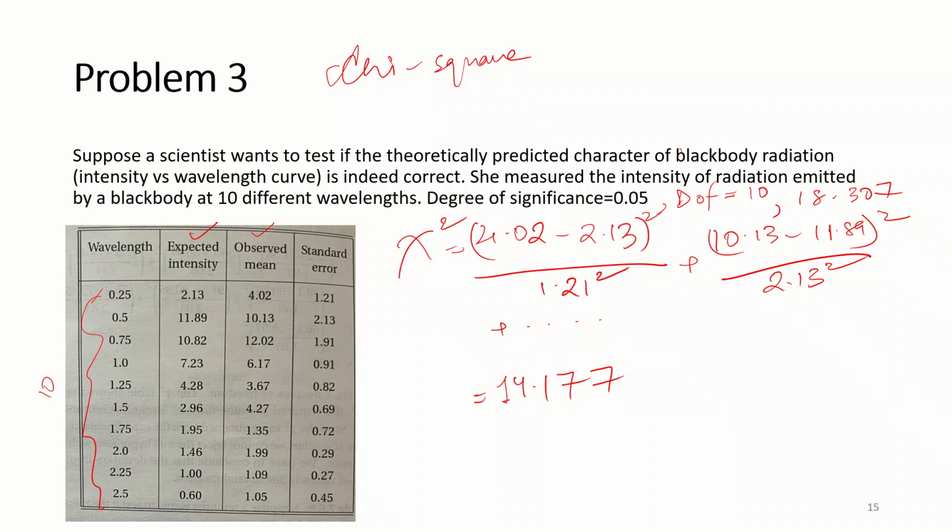It is below the critical value. The critical value was 18.307, so it is smaller than that. So we can't reject the null hypothesis.